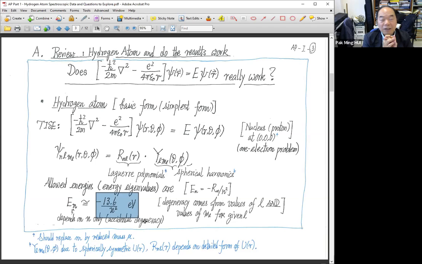Bohr in 1913 cooked up his model orbits in an ad hoc way. 13 years later, in 1926, Schrödinger got his wave equation and solved it for hydrogen, convincingly showing people that this is the result, believe it or not, okay?